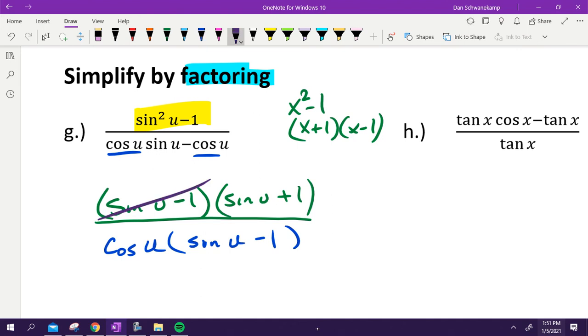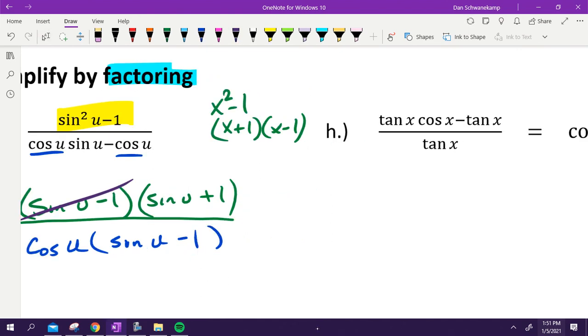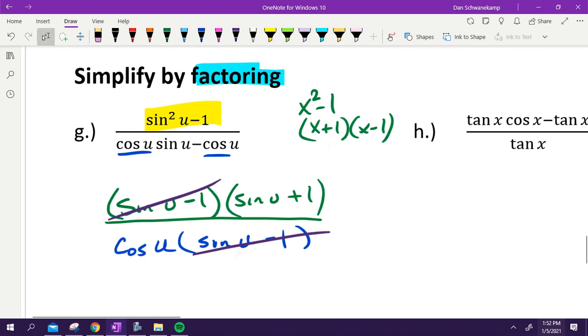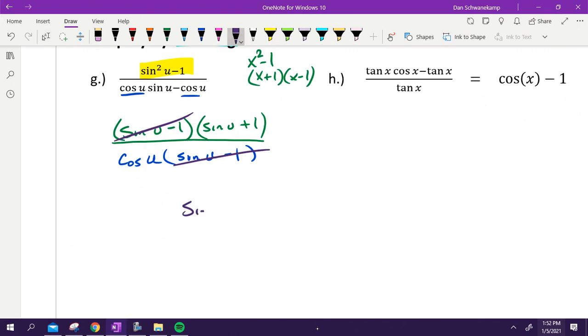This guy would cancel. That guy would cancel. I'm left with sine of u plus 1 all over cosine of u. I'm done. I'm going to leave it like that. There's nothing else more I can do. But I simplified that down. If that sine of u plus 1 was on bottom, we could do some conjugates and work from there. But that's sufficient. Questions on something we did today?